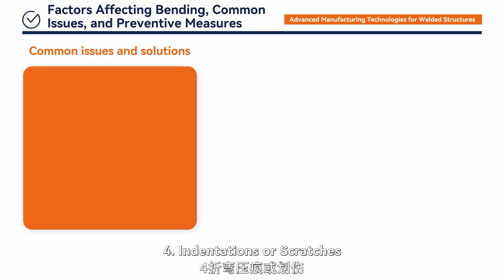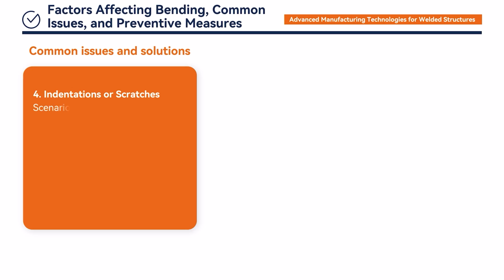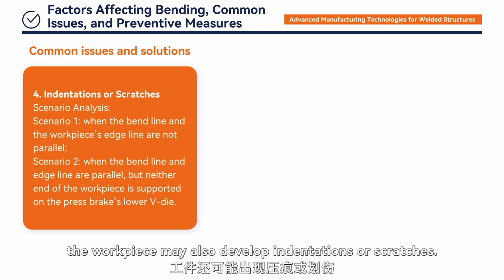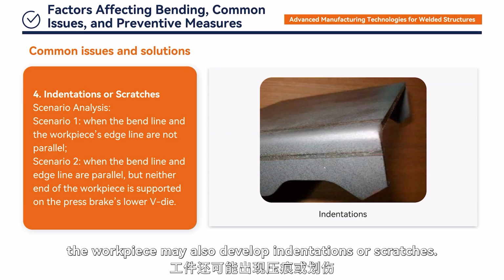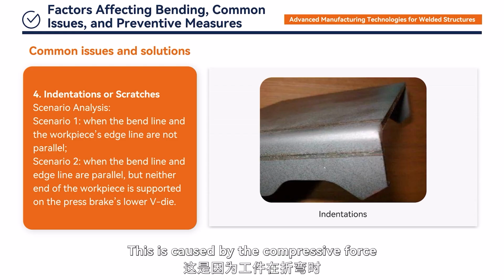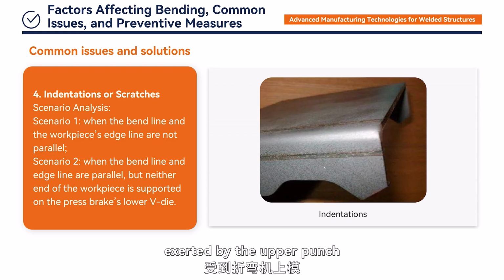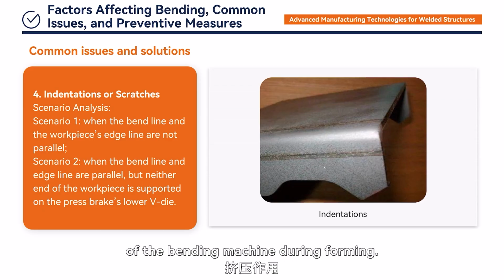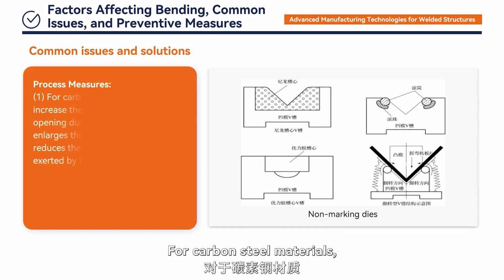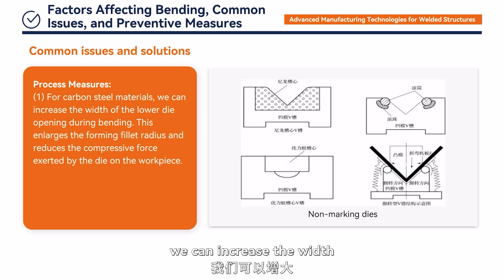4. Indentations or scratches. During the bending process, the workpiece may also develop indentations or scratches. This is caused by the compressive force exerted by the upper punch and the lower die groove of the bending machine during forming. For carbon steel materials, we can increase the width of the lower die opening during bending.